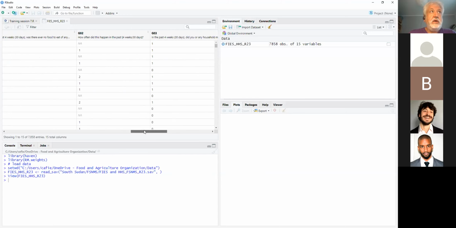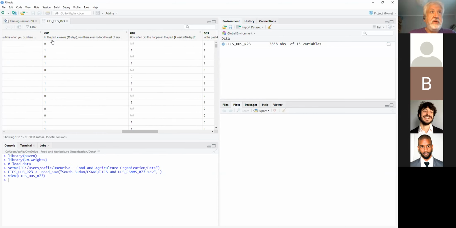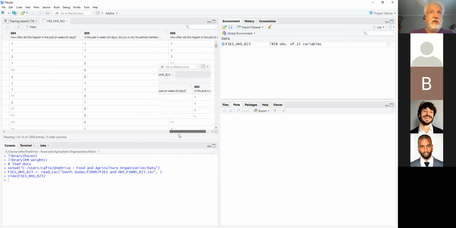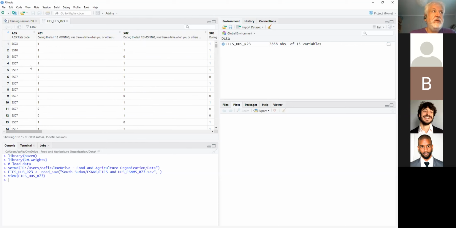The household hunger scale data were collected by first asking whether the experience occurred in the past 30 days, and then, only if the answer was yes, following up with a question on how often this happened, coded as 1, 2, or 3, depending on the frequency. The same applies to the two other questions related to the experience of hunger and going a whole day without eating.